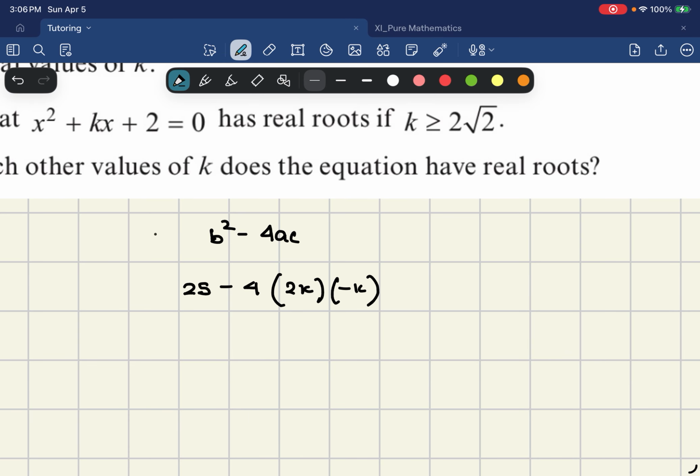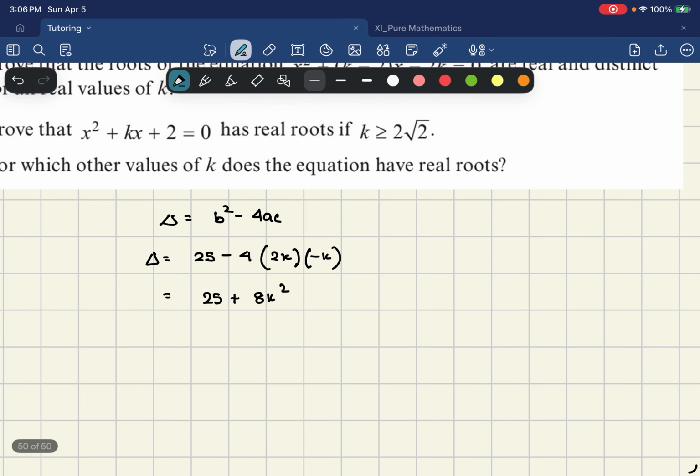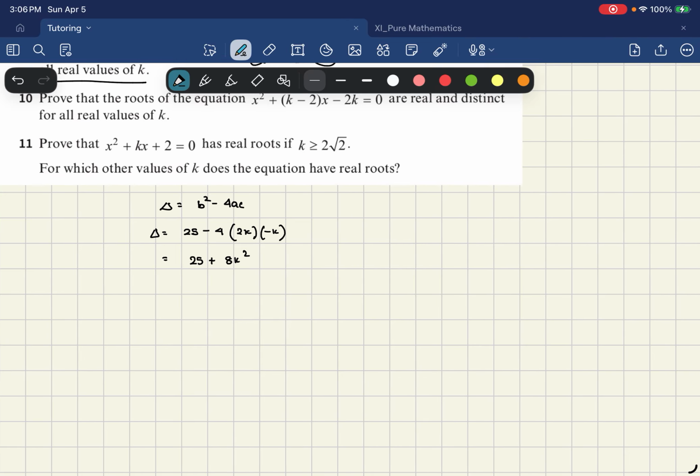That is our discriminant. So 25, minus of minus gives me plus 8k squared. So we have 25 plus 8k squared, I believe, if I did the calculation correctly.